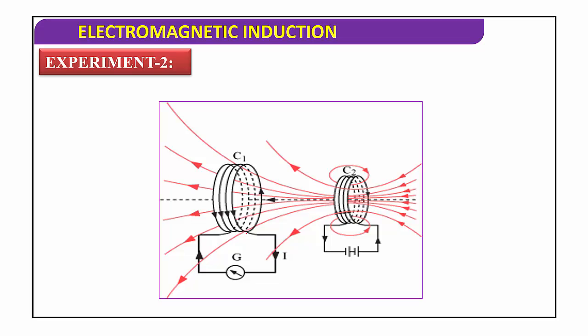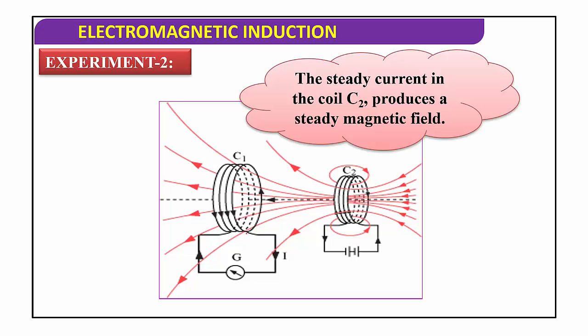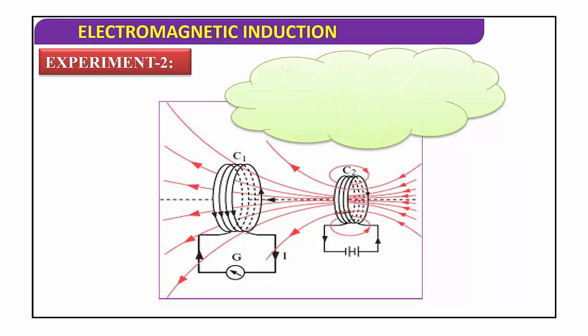When the voltage is constant, the electric current in the second coil is also steady, so the magnetic field surrounding the second coil is also constant. Is it clear? We have a steady current in coil C2 and it produces a steady magnetic field.